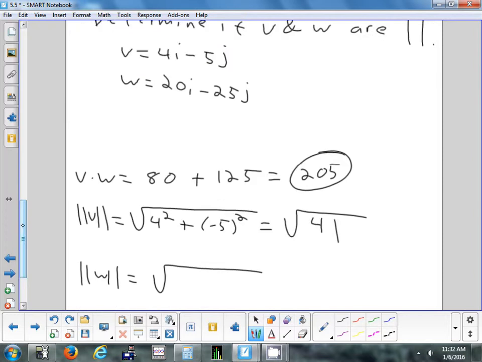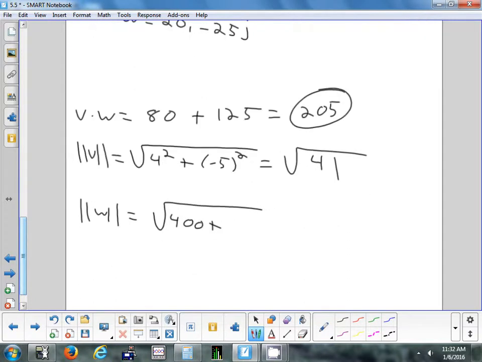Charlie, first thing I square to get length of W? 20. And 20 squared is 400. Then I'm going to square -25. That's 625. That's the square root of 1,025.